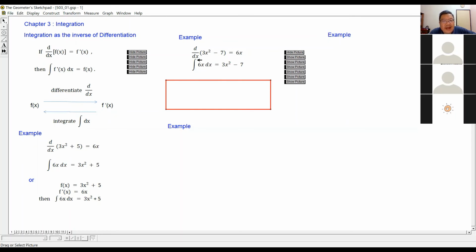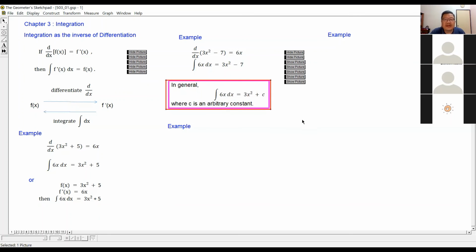If they ask me just like that, integrate 6x dx, what do you think is the answer? 3x squared minus 7 or 3x squared plus 5? Which one is the answer? Both also can. Yes, both can. In fact, the constant at the back there can be any number if you are not given the initial function, the function before differentiation.